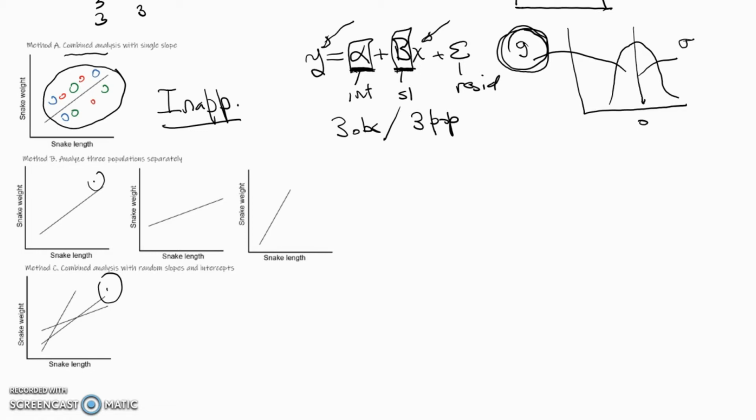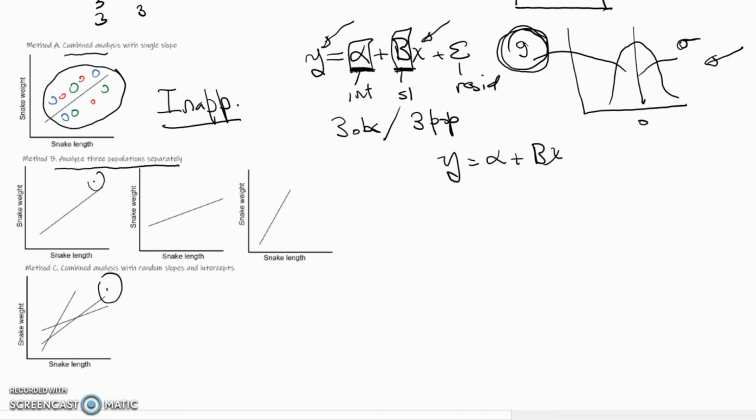An alternative is to analyze the 3 populations separately. So again, we're going to have y is equal to alpha plus bx, and we're going to have 9 values of the residual that are coming from a normal distribution with mean 0 and some standard deviation sigma.